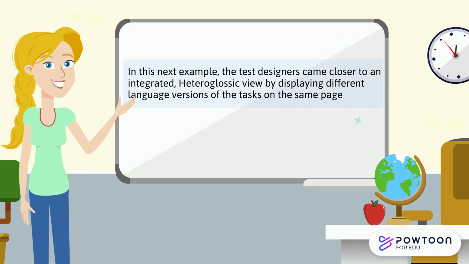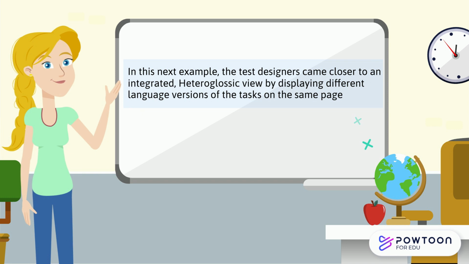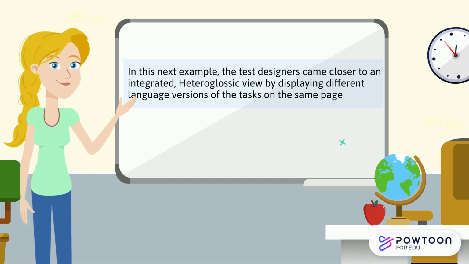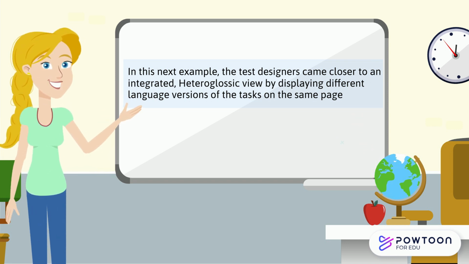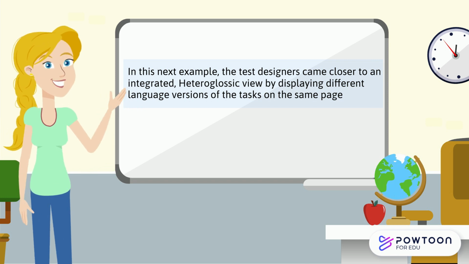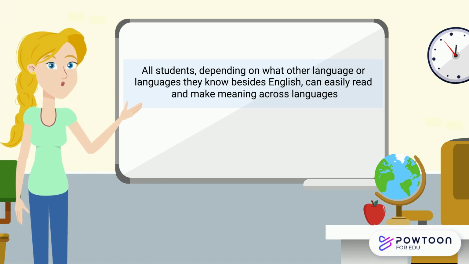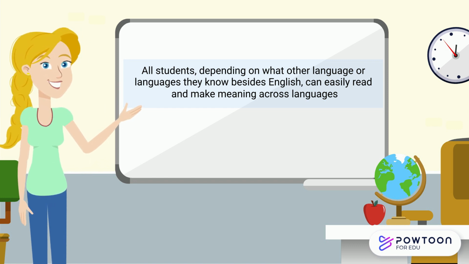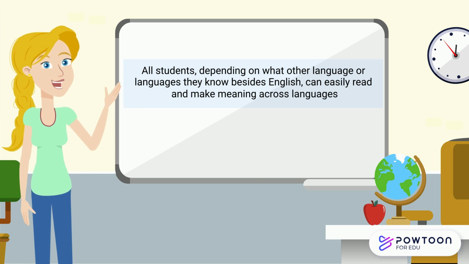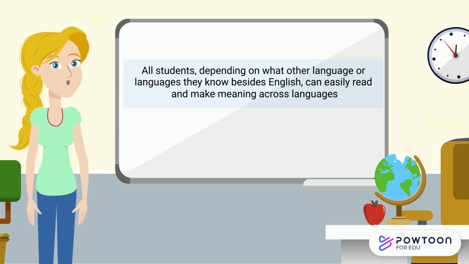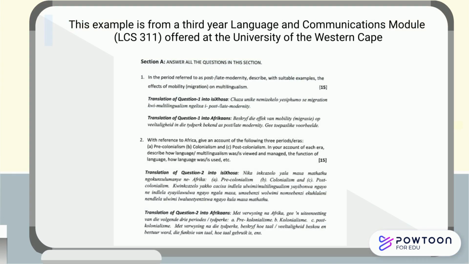In this next example, the test designers came closer to an integrated heteroglossic view by displaying different language versions of the task on the same page. All students, depending on what other language or languages they know besides English, can easily read and make meaning across languages. This example is from a third-year Language and Communications module, LCS 311, offered at the University of the Western Cape.